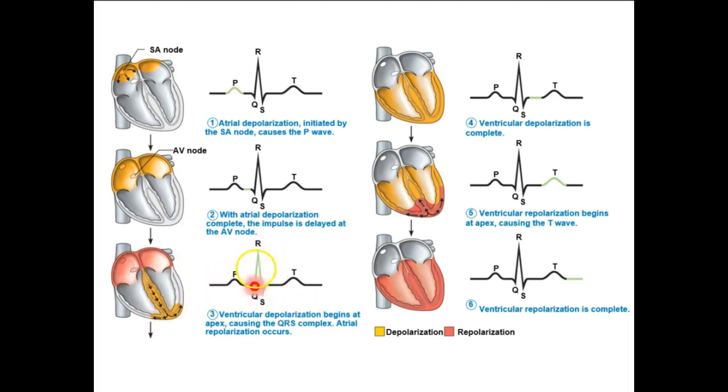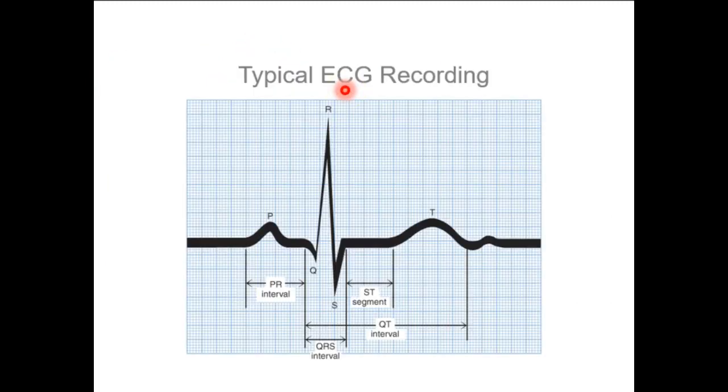That whole thing is the QRS complex. And when that signal has ceased, and you're in that refractory period, and we repolarize, we reset everything, that's going to be the T wave. And then it starts over with P. So it's PQRST, PQRST.